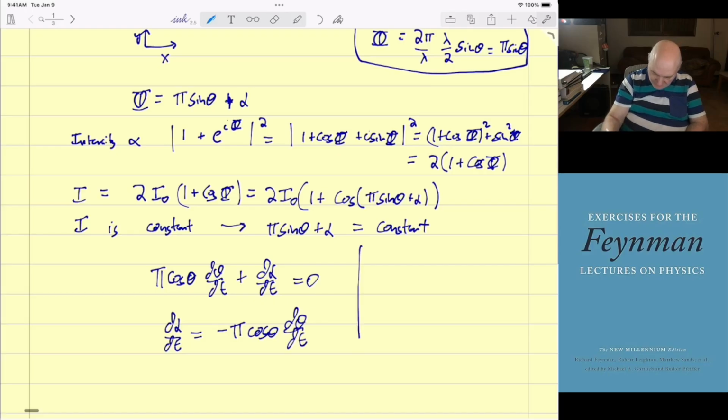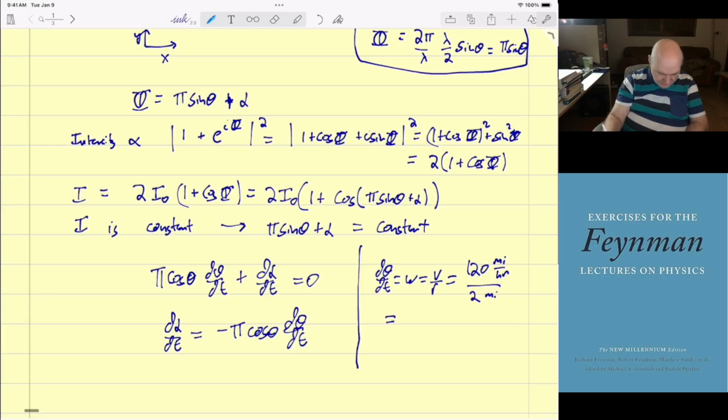Now we know that d theta dt, which is the same thing as omega, is equal to v over r, which is equal to 120 miles per hour divided by 2 miles.